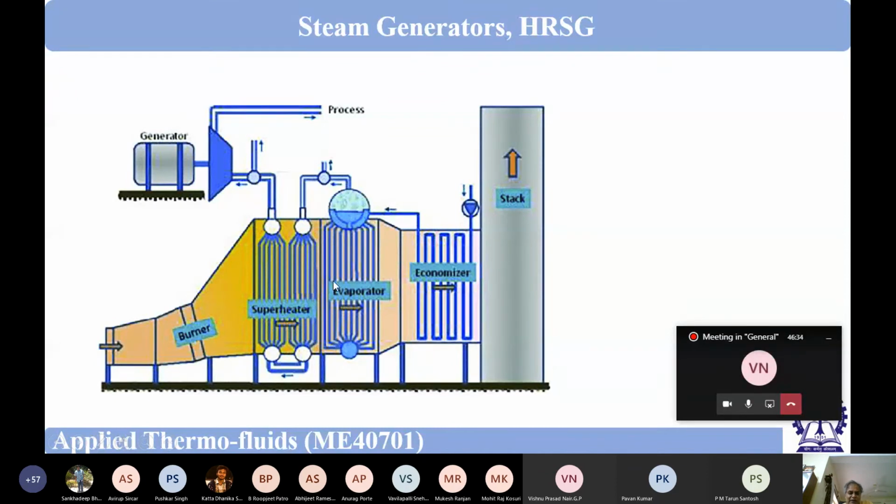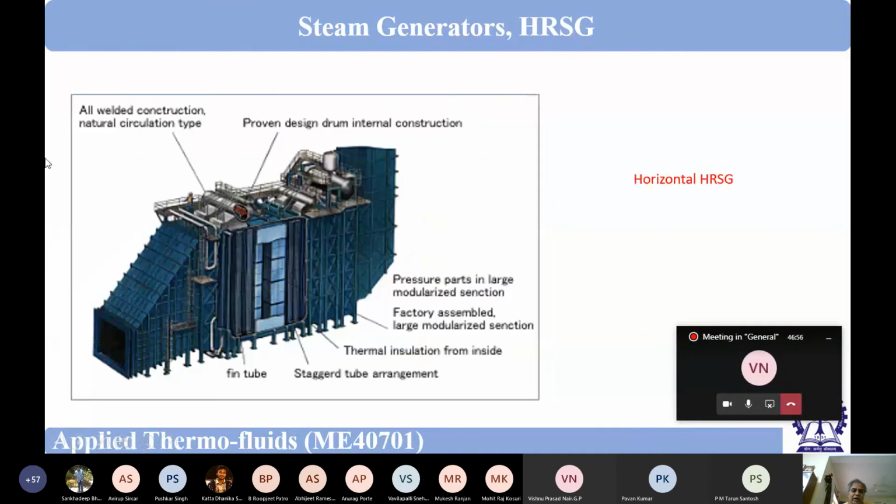And then the temperature of the gas is slightly lower, so we will have the evaporator, and what we have shown is a natural circulation loop. There could be a forced circulation loop also. And there is a steam drum, generally visible from outside. If we go back, here the steam drum is visible.